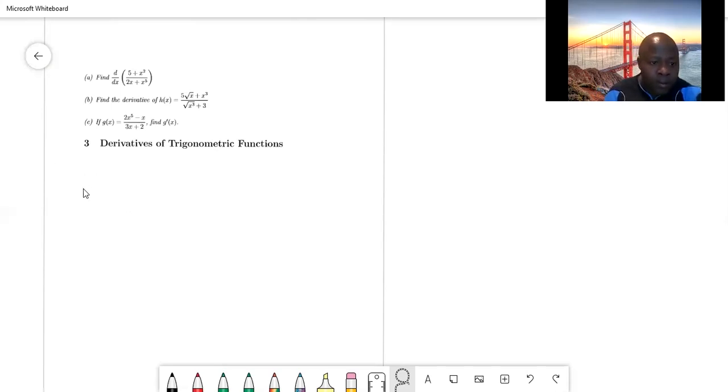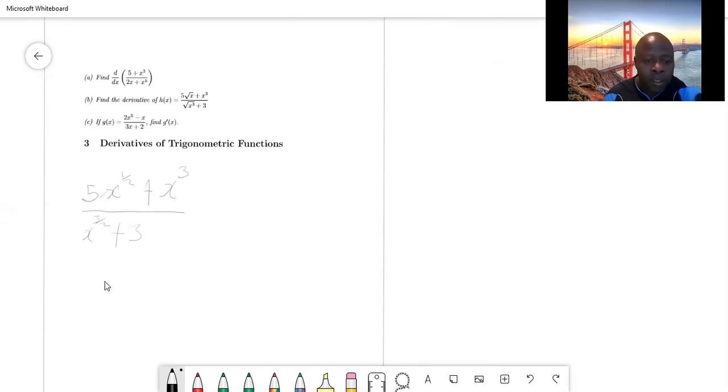So I can write this as 5 x raised to a half plus x raised to 3 over 2 plus 3. So if I were to simplify this, this is how it will look like. So from here, it's now easier for us to do the derivative.